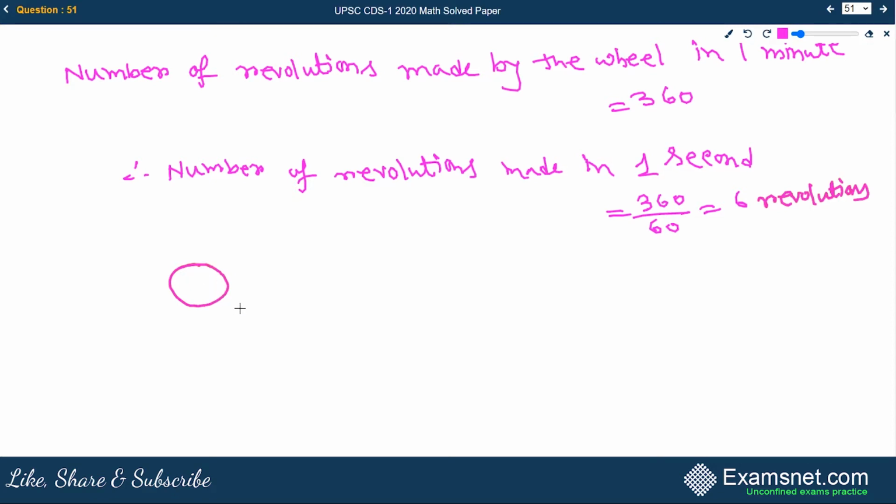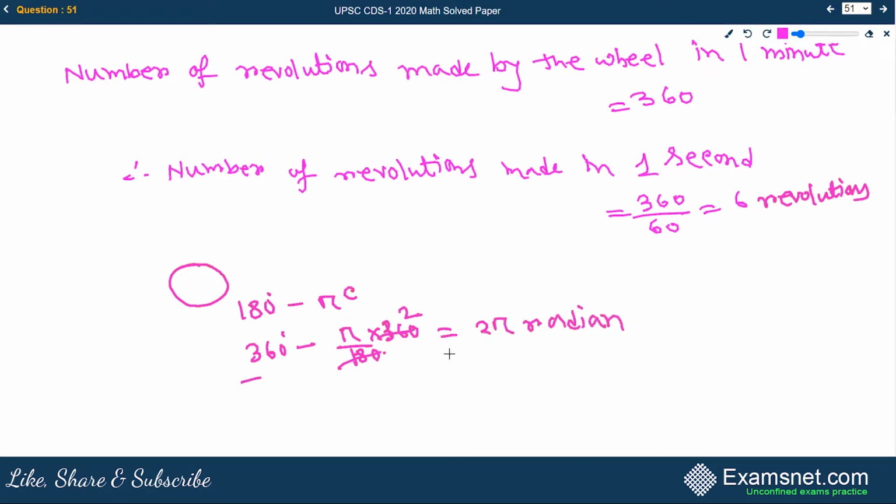So, if a 180-degree angle is pi radian, then how much radian is a 360-degree angle? We have to find that. So that is 2 pi radian.